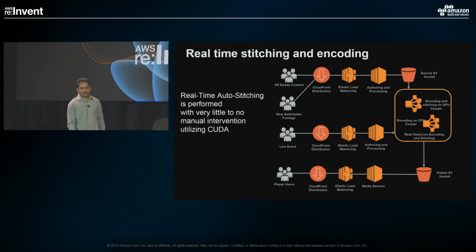This is the revamped architecture after we incorporated our GPUs and CPUs into the overall architecture. The decoding and stitching is happening on GPUs, and live encoding is happening on CPUs in this model.